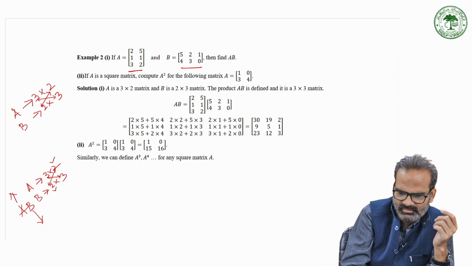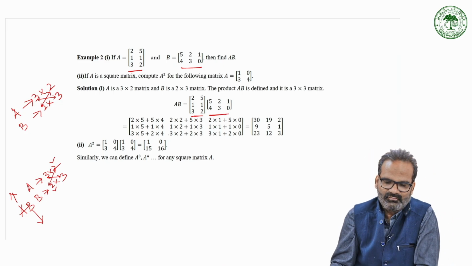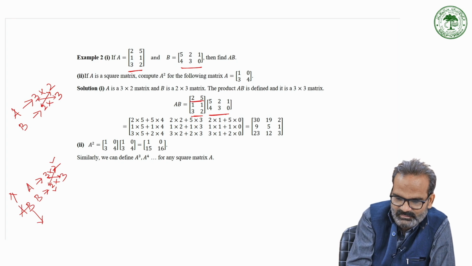So see, you can proceed. This is the matrix A and this is your matrix B. Now see, the product is here. The first row of matrix A contains 2 5. So this 2 5 should be multiplied with the first column of this. Then the first row of A should be multiplied with the second column, and finally the first row of A should be multiplied with the third column.